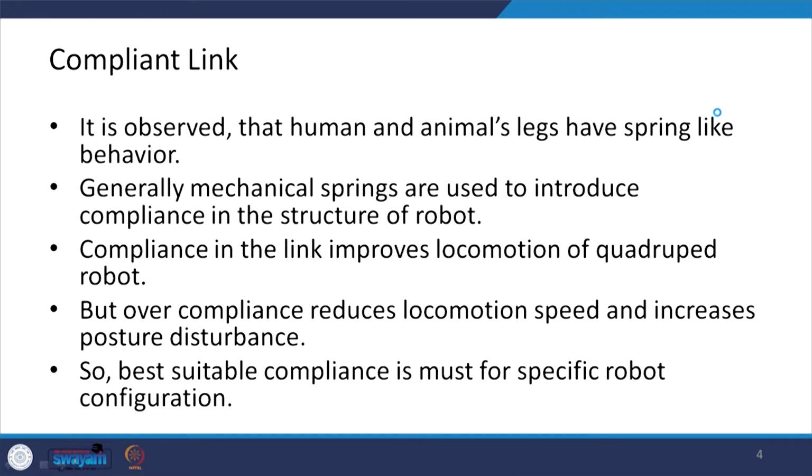Why we took a compliant link: it is observed that human and animal legs have spring-like behavior. Generally mechanical springs are introduced to introduce compliance in the structure of a robot. And why we go for compliance: because compliance improves locomotion of the quadruped robot.